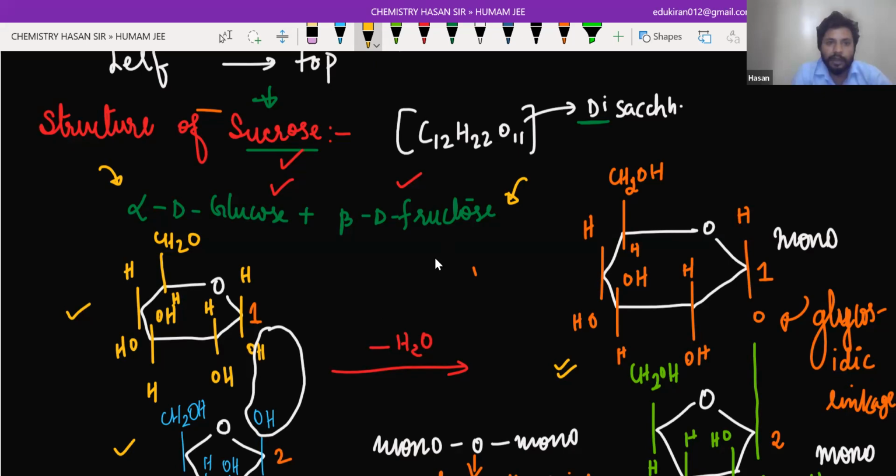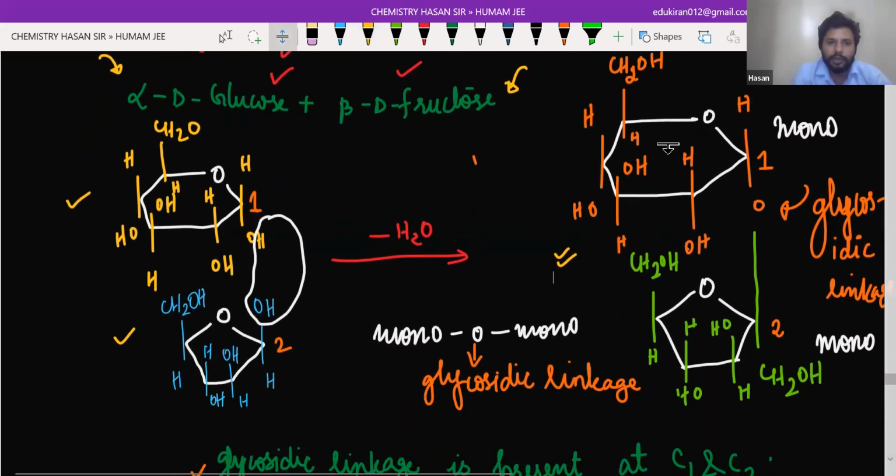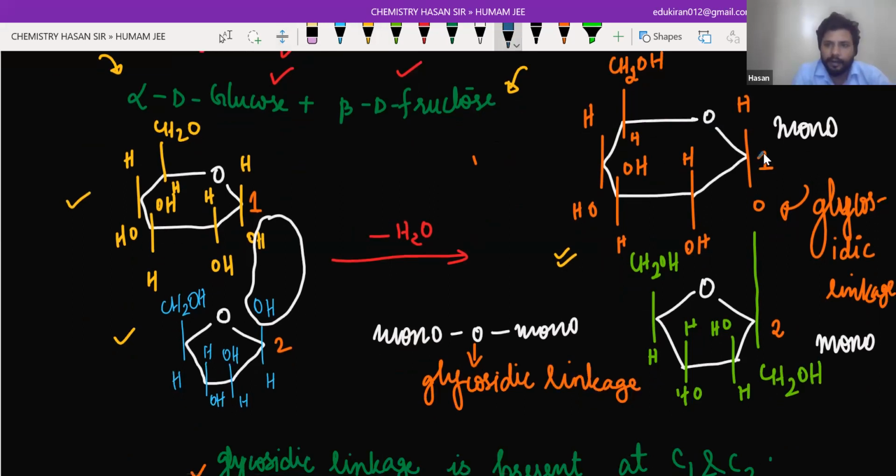And the position of glycosidic linkage is very important. If you see the glycosidic linkage present here in C1 and here, this is your C2 for fructose. So the glycosidic linkage in sucrose is present between C1 and C2.